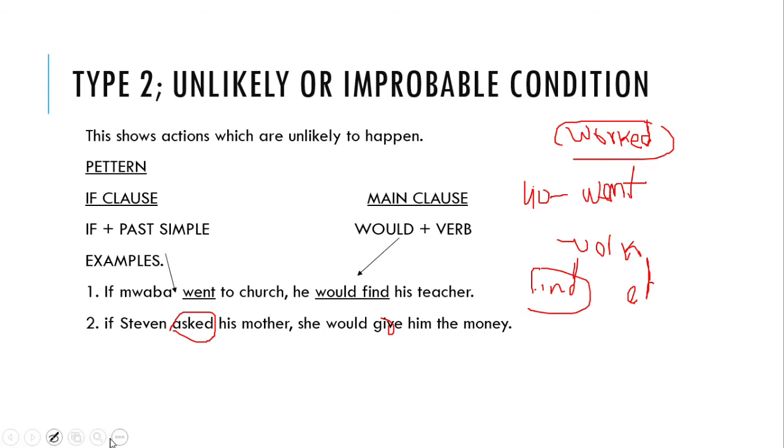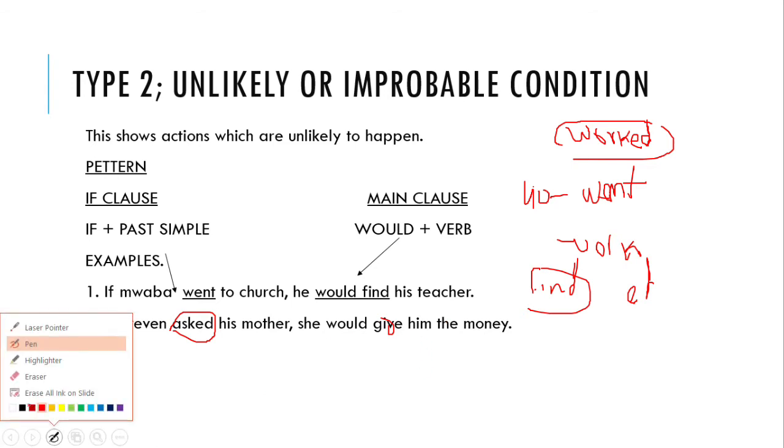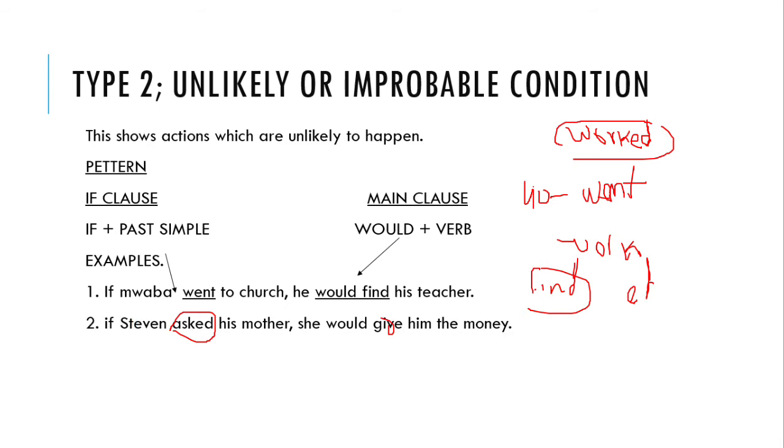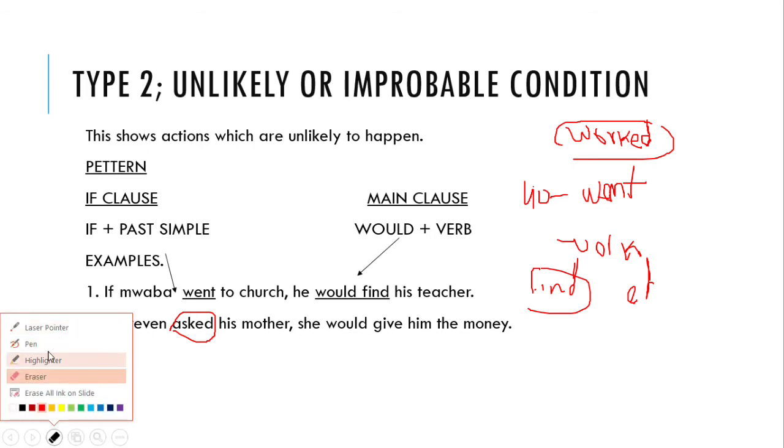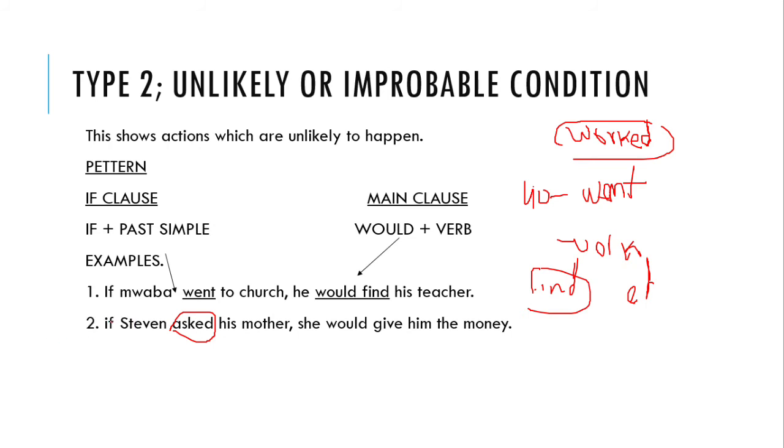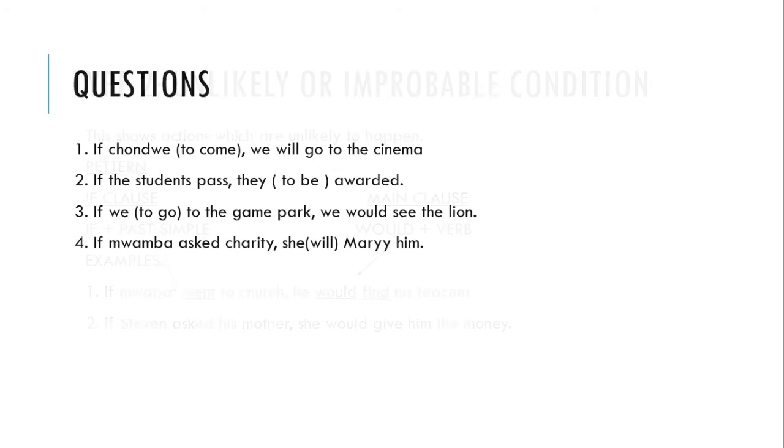In its positive form. In its what? Positive form. So if Stephen asked his mother, she would give him the money. Done. That's the unlikely or the improbable condition.